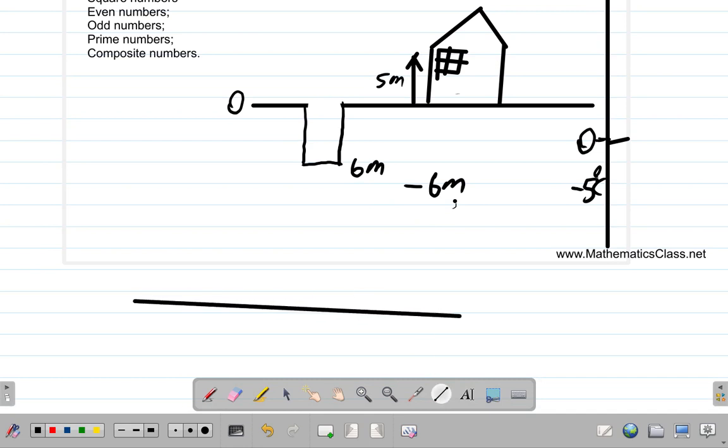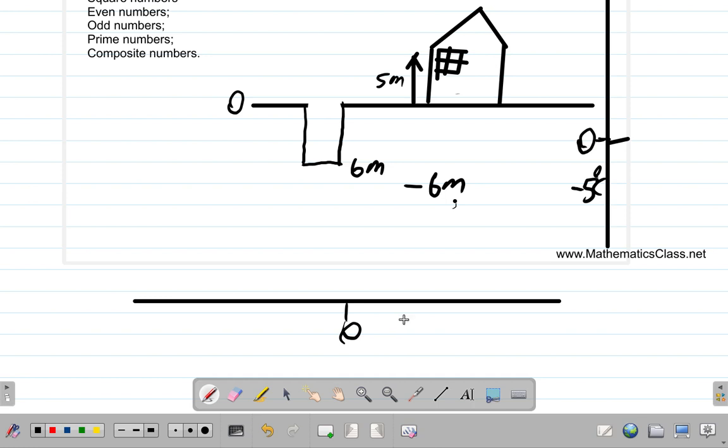Let's draw our number line. On our number line, you have 0 in the middle, positive numbers to the right, positive 1, positive 2, positive 3, positive 4, negative 1, negative 2, negative 3, negative 4, and so on and so forth.